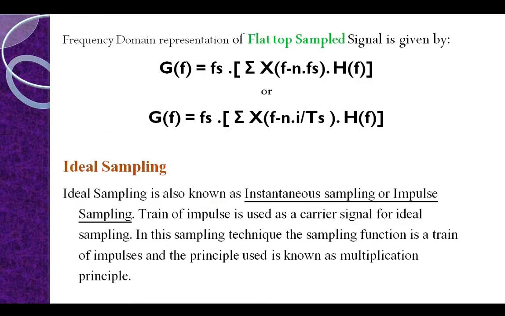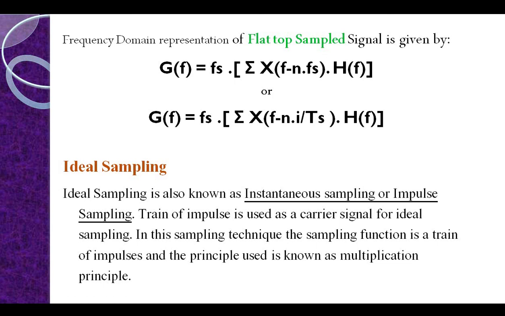This is the equation for flat top sampling: G of f is equal to Fs times the summation of n from minus infinity to infinity of X of f minus n Fs, times H of f. H of f, or h of t in terms of time. This is the frequency domain representation.